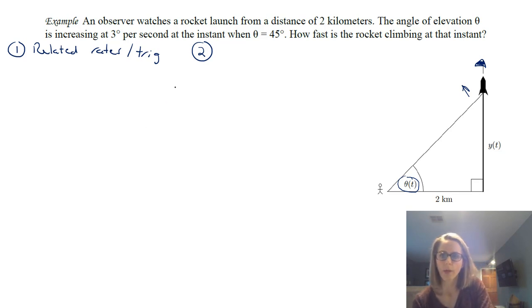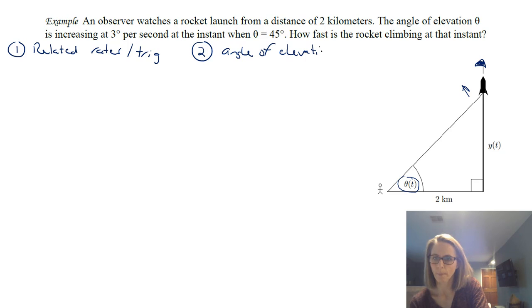And so we think about what's changing here: the angle of elevation is changing, the height of the rocket is changing, and we also have that person that's watching it here, that distance to the rocket is also changing.